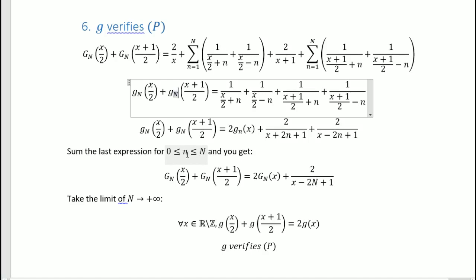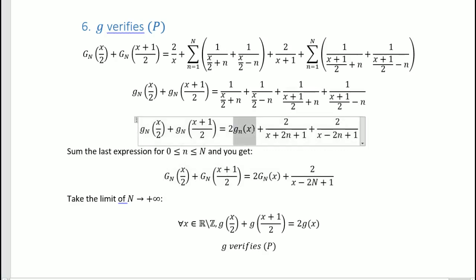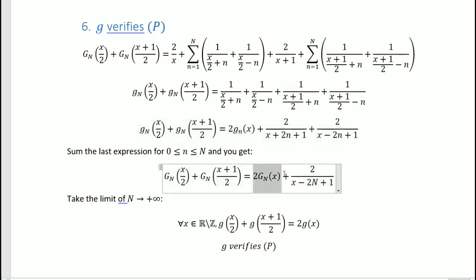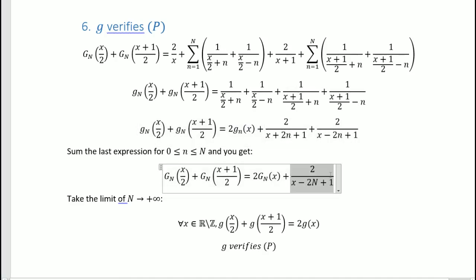Yes, so we are going to sum this expression between 0 and big N. We get this by just summing. When you sum this, you get this, and when you sum that, you get this.